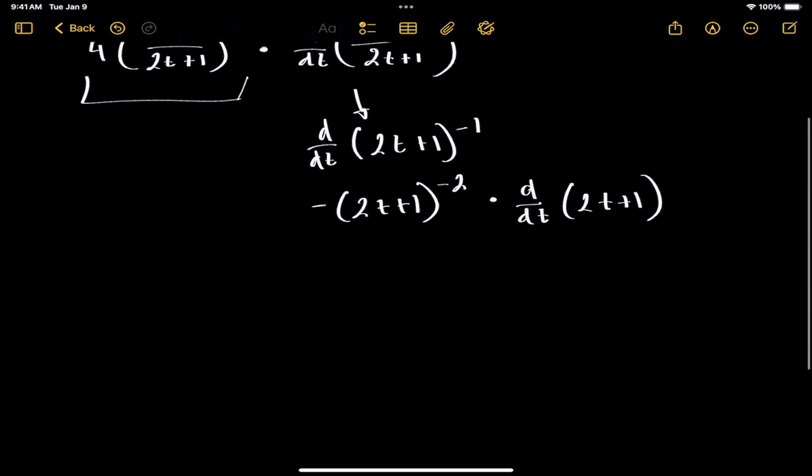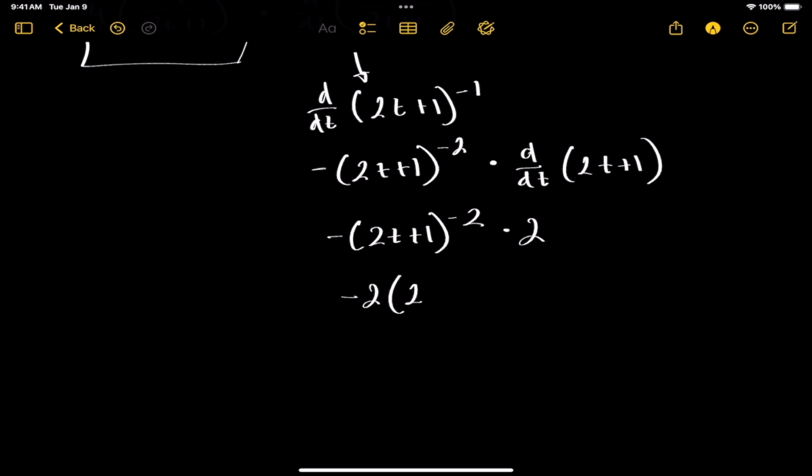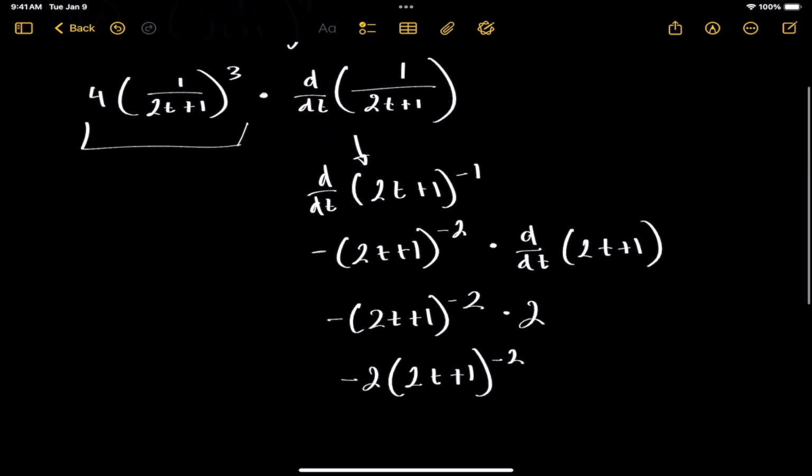Okay, and now we simply take the derivative. We're going to rewrite what's on the left over here, 2t plus 1 to the negative 2, and that's just going to be 2 here. So what we have is negative 2, 2t plus 1 to the negative 2 power. And we are done. We can go ahead and rewrite this down below.